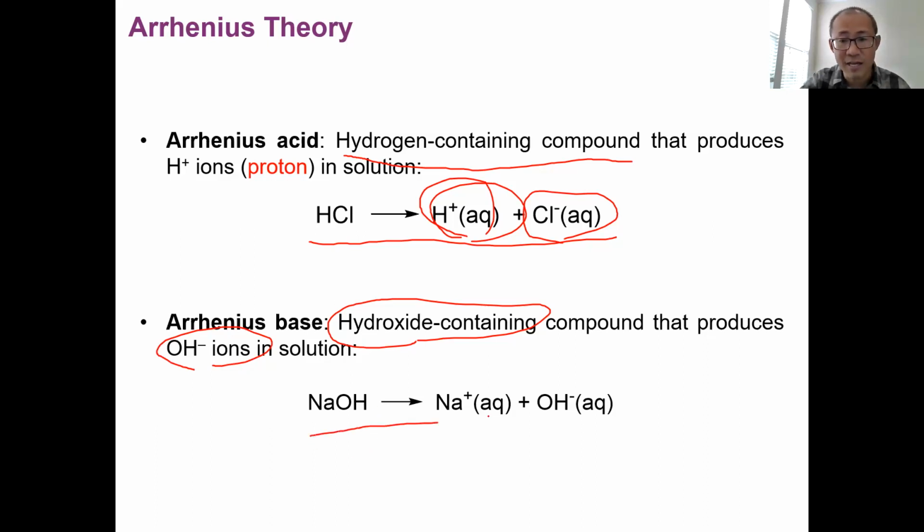Such as sodium hydroxide. This is an ionic compound. We know from chapter 4 that sodium hydroxide is an ionic compound containing the polyatomic ion hydroxide. When it dissolves in water, it will produce sodium plus ion and hydroxide ion. Because of that, sodium hydroxide is defined as a base.